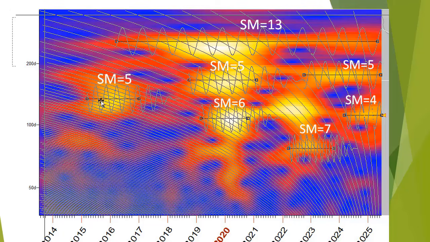The stock memory for this cycle is 5. You can count the number of waves within this period, and this is 5 years. This is a very strong cycle, you see this spot is very bright. This one is not so strong, with stock memory 6, 7. Stock memory 4, 5 is a strong cycle, and this is a 240 or 250 days cycle.